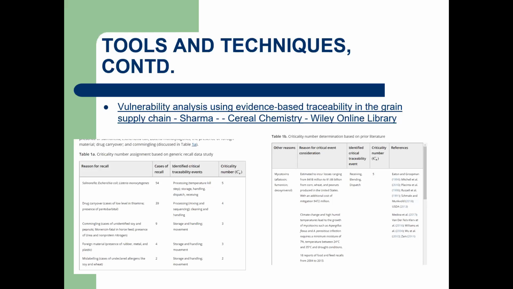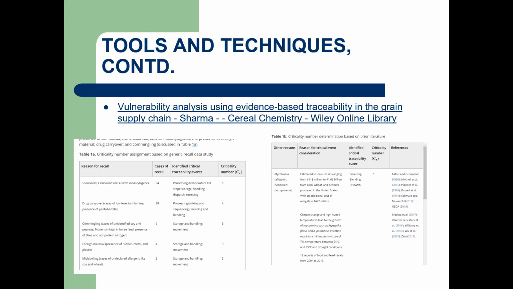Somebody just threw it on the floor and the floor was infested, or probably their pest control program was not in place. So we assigned such cases a criticality number of 5. The scale was from 1 to 5, 5 being high importance, 1 being low importance.